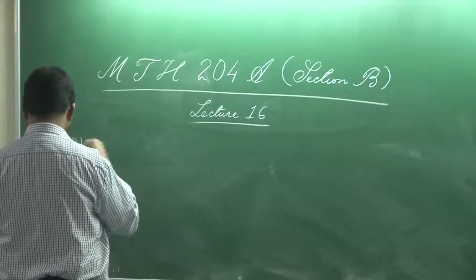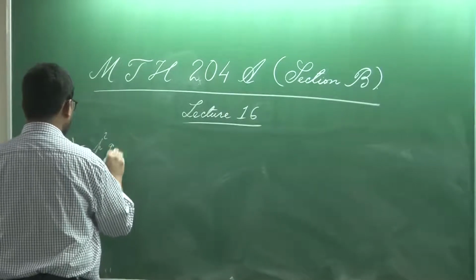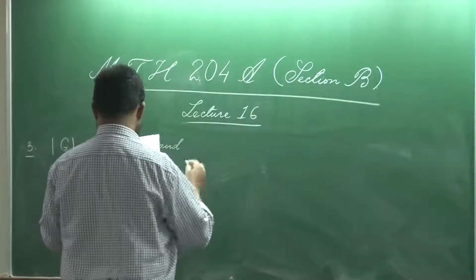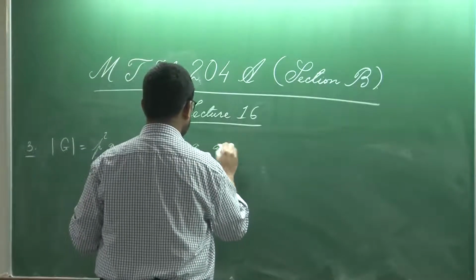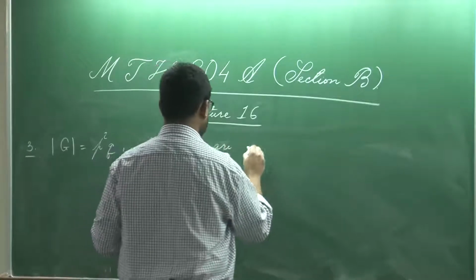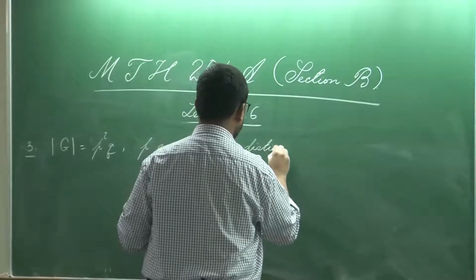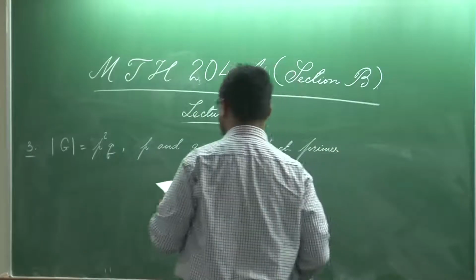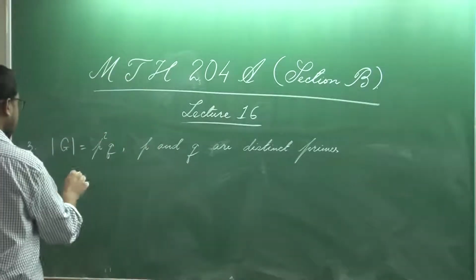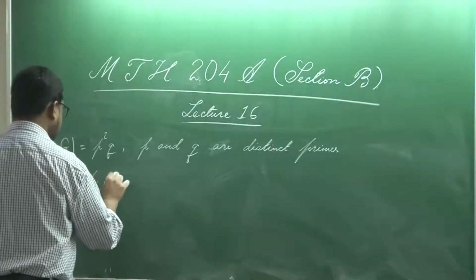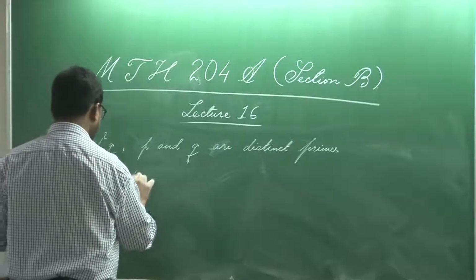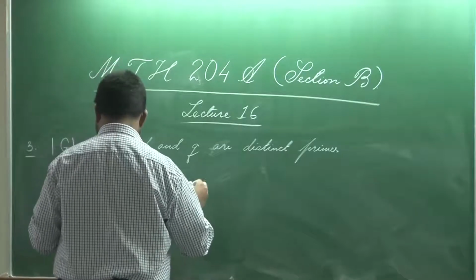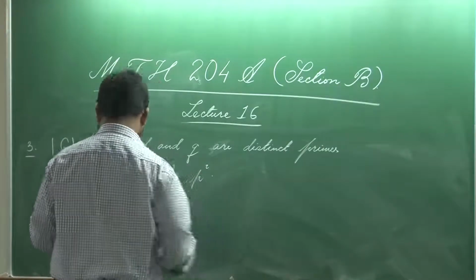Next, we will go for groups of order p square q, where p and q are distinct primes. Again, what are the divisors? 1, p, q, pq, p square, and p square q.